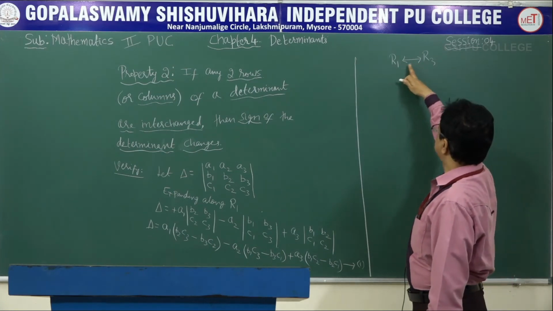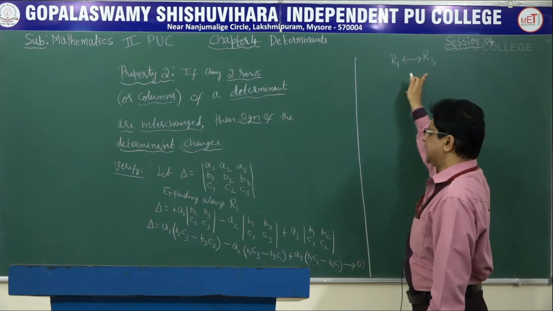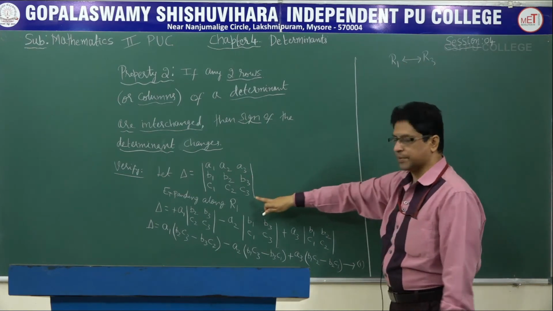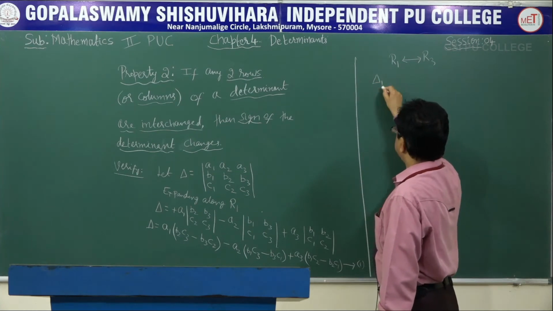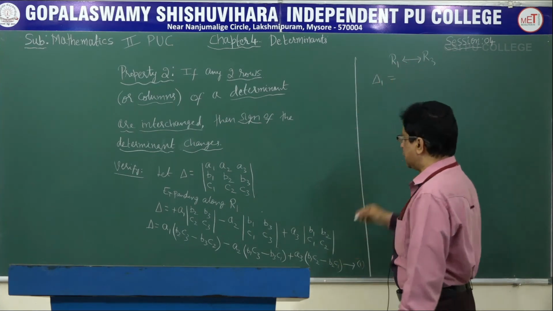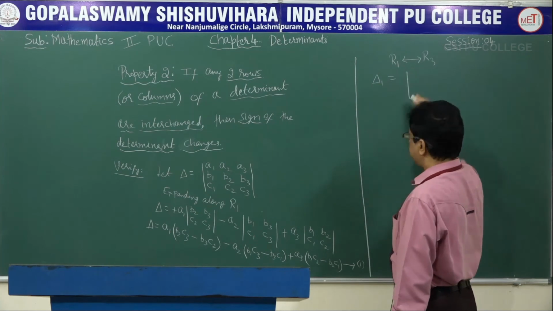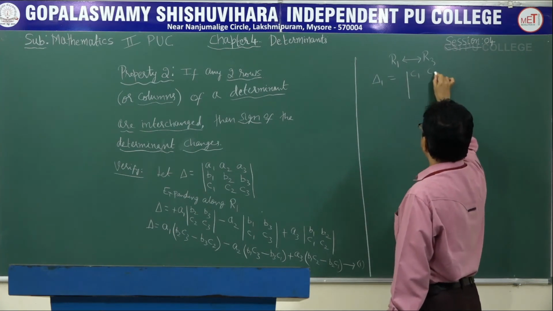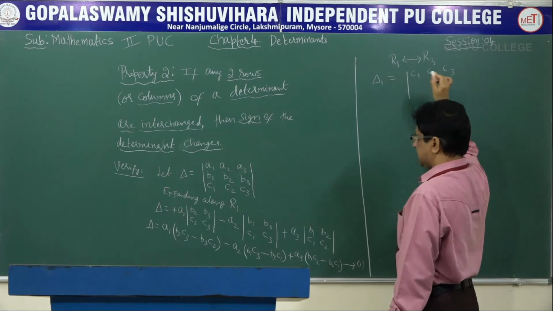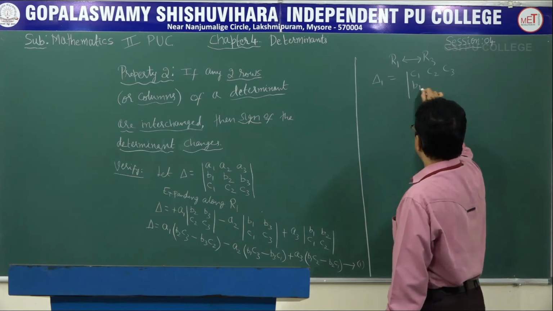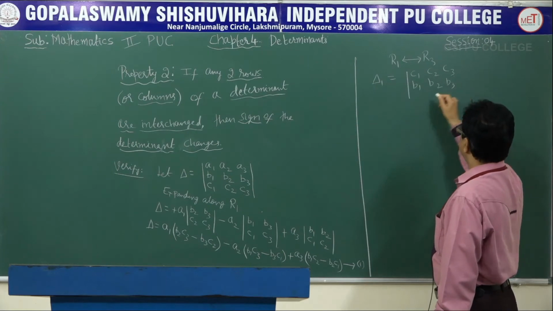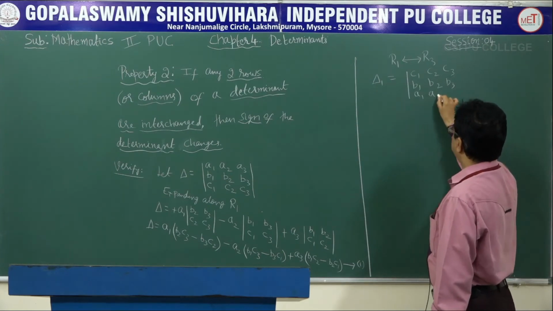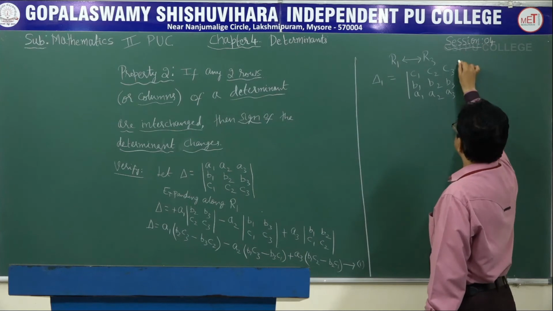That is, R1 and R3 have been interchanged in the determinant delta. So now the resultant determinant delta 1 is equal to the determinant of C1, C2, C3, B1, B2, B3, A1, A2, A3.